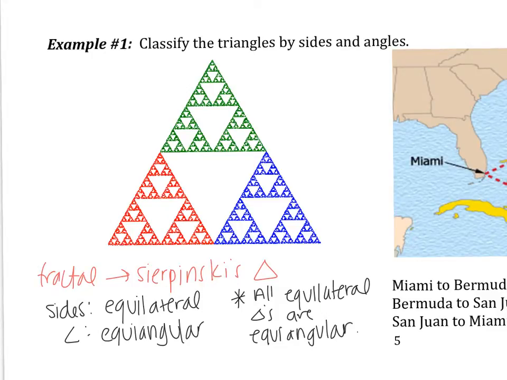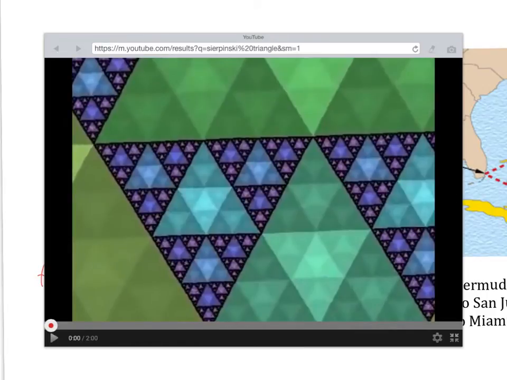Now I told you that Sierpinski's triangle is one of my favorite triangles, so I'm going to show you a quick video that shows you the magic behind this triangle. Okay, so this triangle is called a fractal because anytime you zoom in on the triangle, you still have the original triangle.